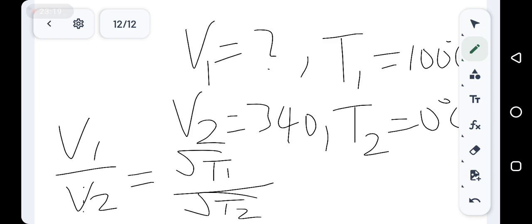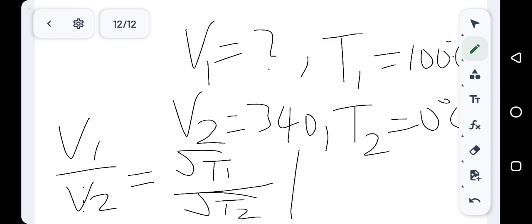But before we solve this, we must make sure that the temperature is in the SI units. The SI unit of temperature is Kelvin, not Celsius. So we convert the temperature given to us from Celsius to Kelvin.